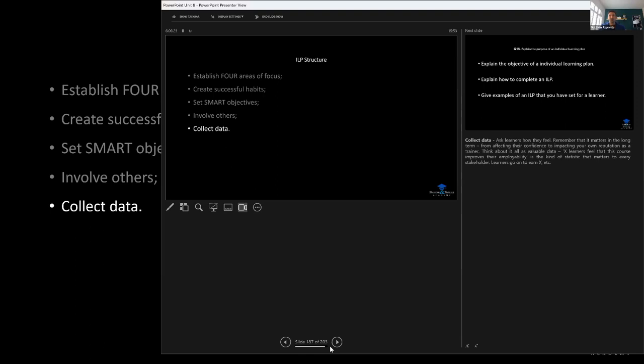Most stakeholders will want statistics about employment, and that's the key reason of the course. So if you're teaching FREC, for example, Paul, this amount of learners have gone on to work in this career or in this sort of field afterwards. So again, that's quite useful to everyone involved.